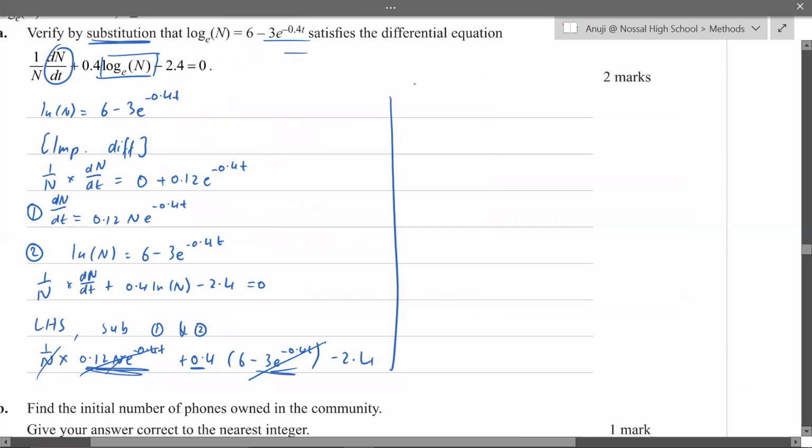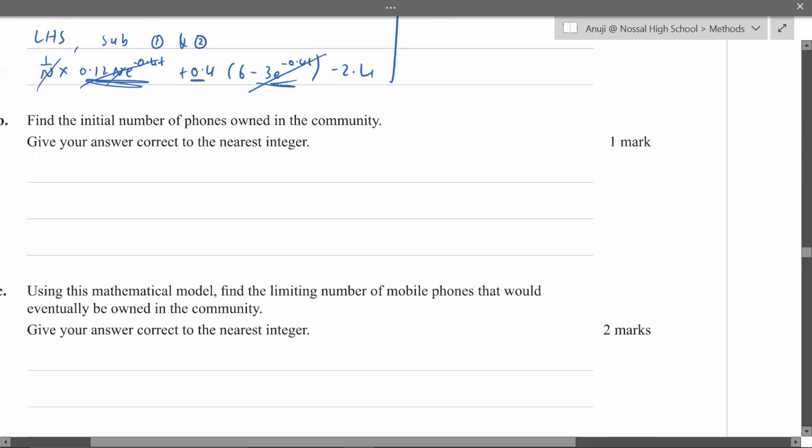I'll just write it out so you can see. So 0.12e^(-0.4t) plus 2.4 minus 0.12e^(-0.4t) minus 2.4. Yep, so you can see all the terms cancel, which is a good sign because you know you've done the right thing. And it's just 0, which is what you wanted, so you're correct.